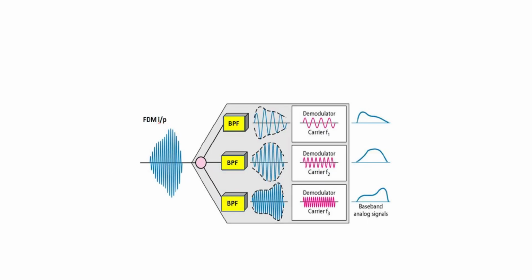So this is the receiving end. Whatever we have done at the transmitting end, its inverse operation is done here. The received input, which receives the combined FDM signal, also has noise components added along with it. First of all, the received signal is passed through the bandpass filter. Here there are n users, so we are using n bandpass filters.